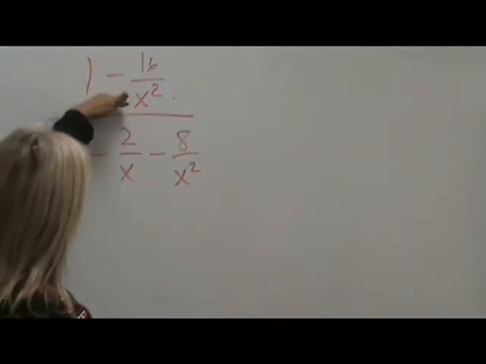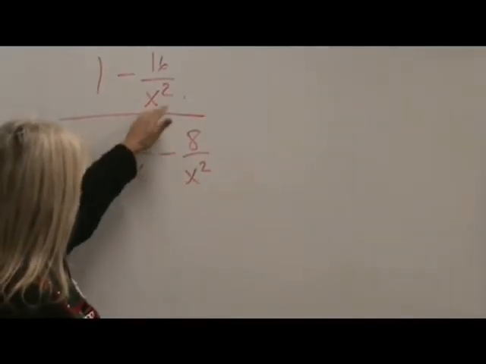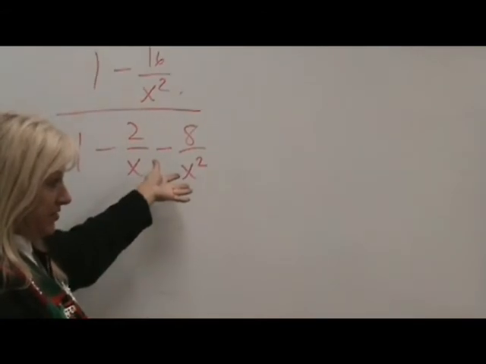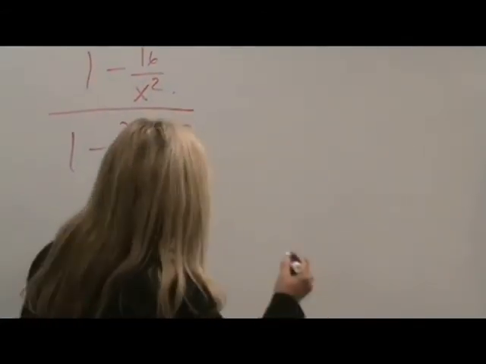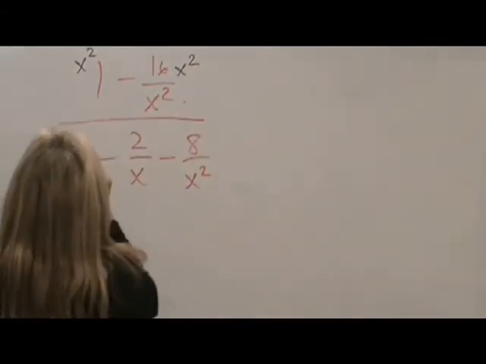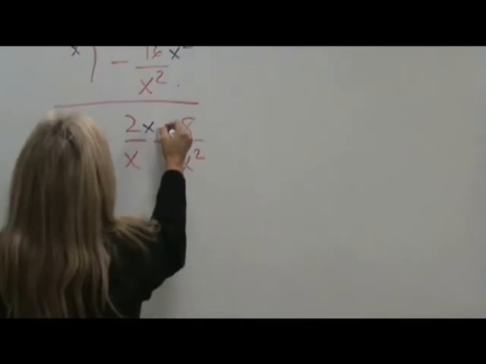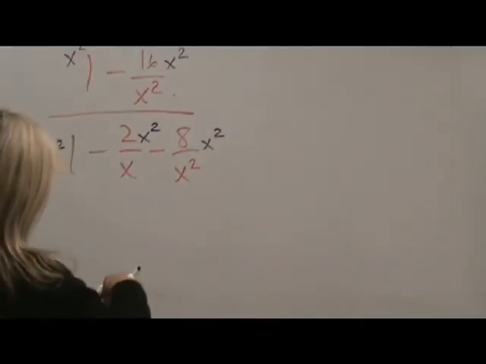If you look here, we look at the denominator here, and the denominator here. And since x squared would be a common denominator, we multiply every term by x squared. So we do this by x squared, that by x squared, this by x squared, that by x squared, and that by x squared. That's how I would do it.